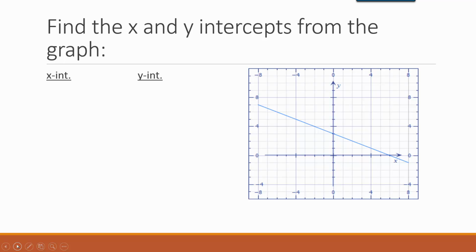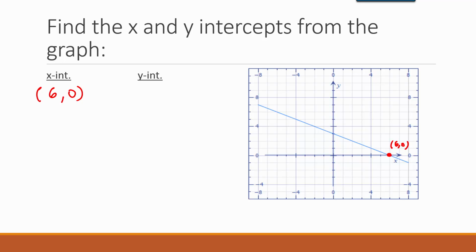So if I want to locate the X-intercept, the first thing that I know is that the Y-coordinate is 0, because the Y-coordinate is always 0 for every X-intercept. So now I just need to find out where this line crosses the x-axis. So counting, 1, 2, 3, 4, 5, 6, right here, that's where the line crosses the x-axis. Therefore, that is my x-intercept, (6, 0).